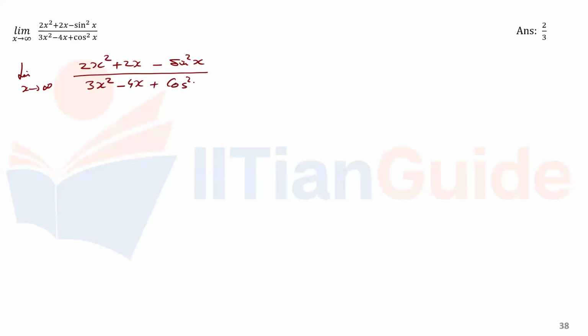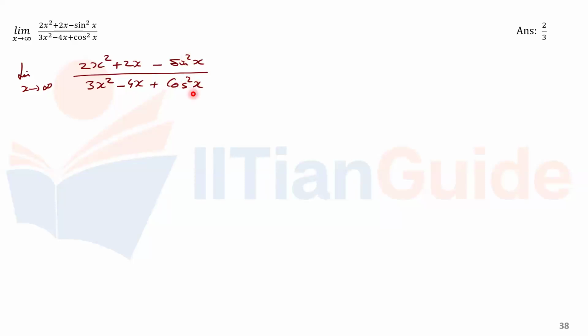Come on, tell me how you will do it. L'Hospital we can apply, but it is going to be lengthy. Because we have x square, we can differentiate it along with sine square x. Differentiation is a little lengthy. Here we have a cos square x.